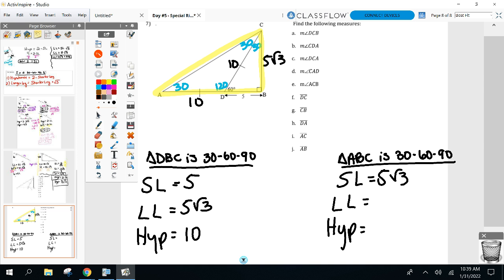I think you can also find the longer leg. You don't even need to use a rule. You could if you want, but look, here's 60 here. What's across from it? 15. Only thing left, find the hypotenuse. If you haven't already, using your rules for 30, 60, 90, find the hypotenuse.